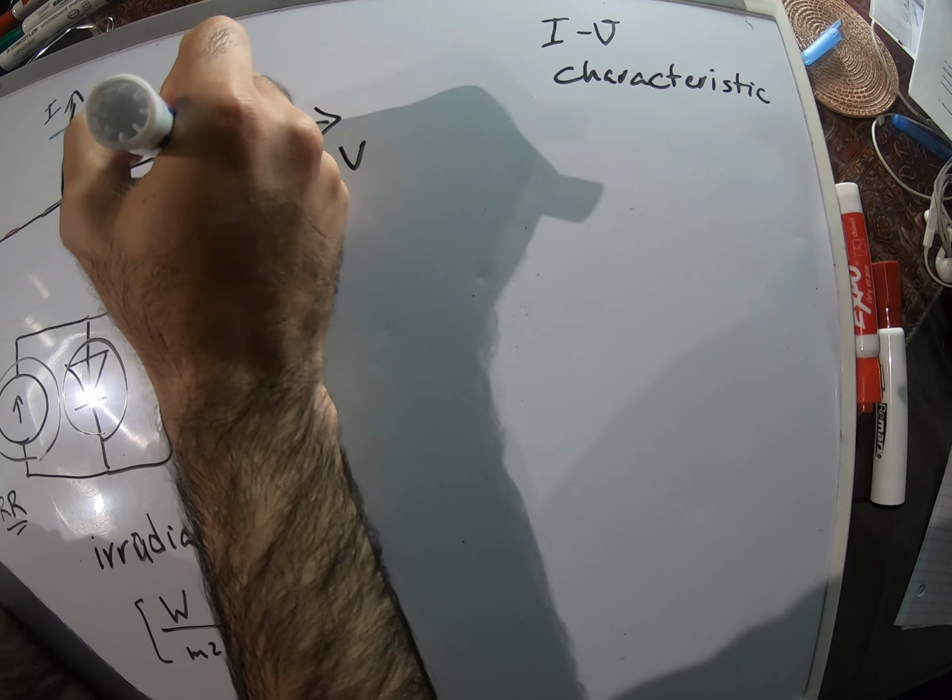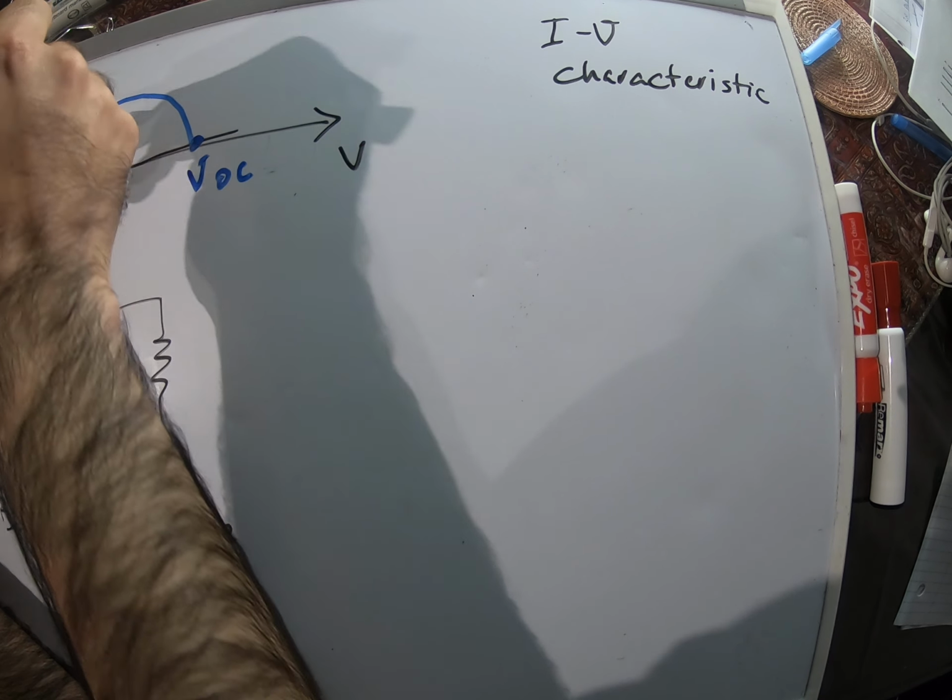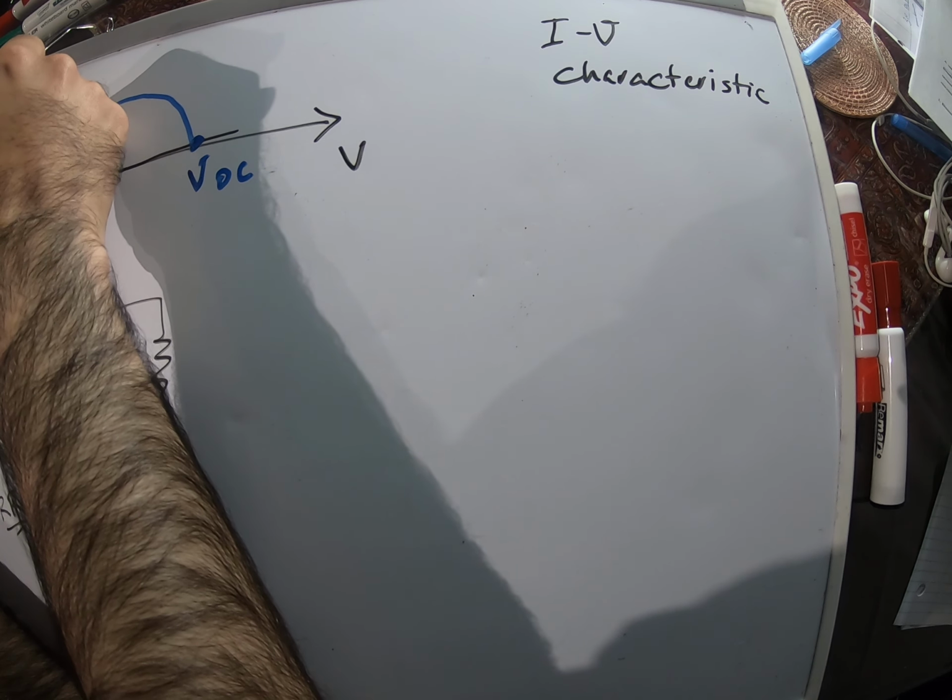So this is called open circuit voltage. This is called short circuit current.